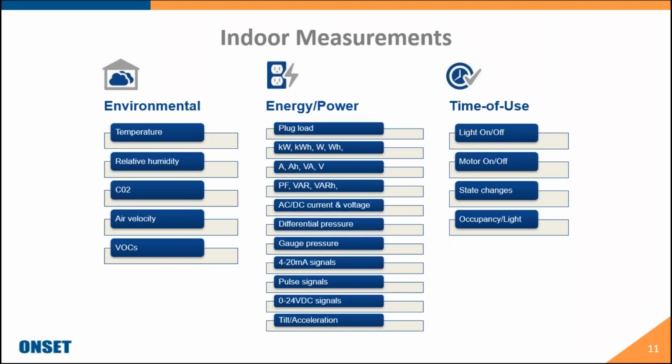Some of the benefits to these devices are, for example, with a 4 to 20 milliamp signal, you may have a sensor that outputs that type of signal, where you could connect it to one of our devices, set up the scaling, and then use that sensor, and our data logger would record that information.